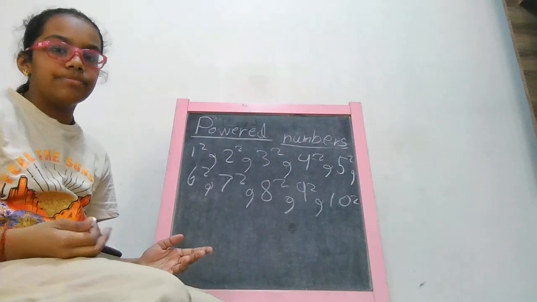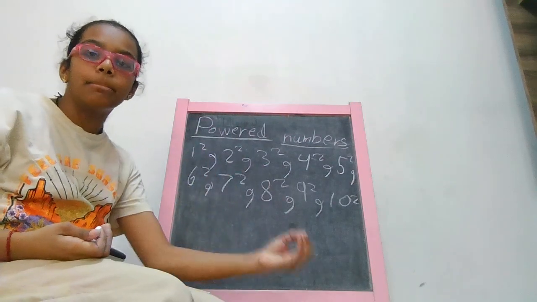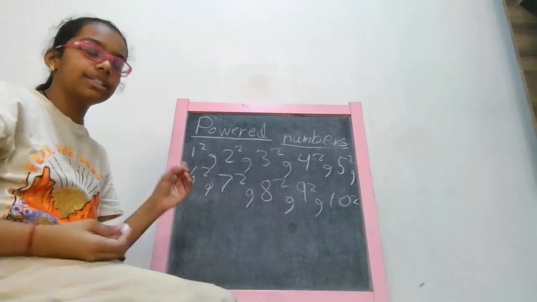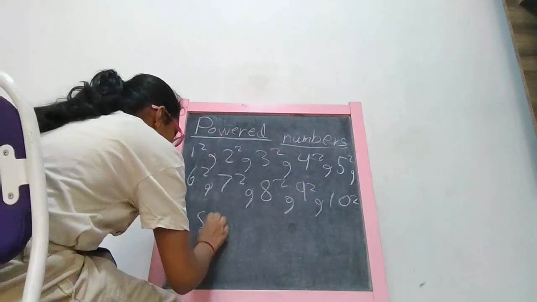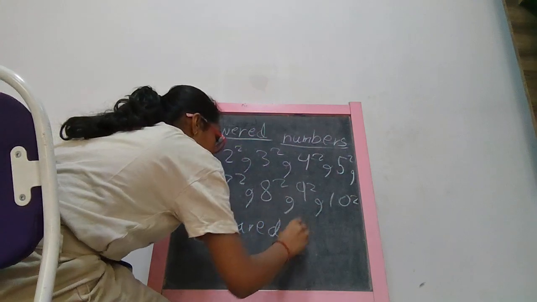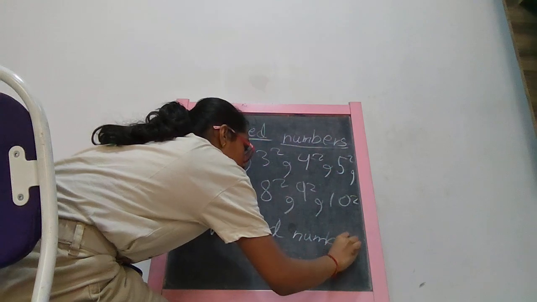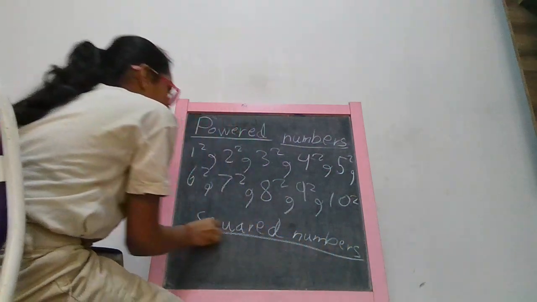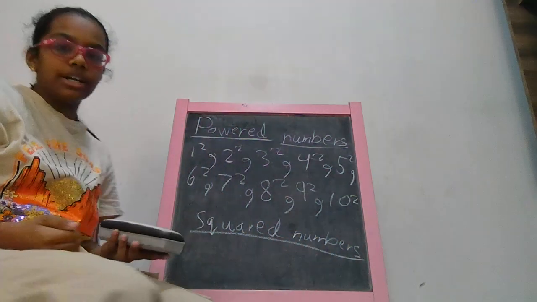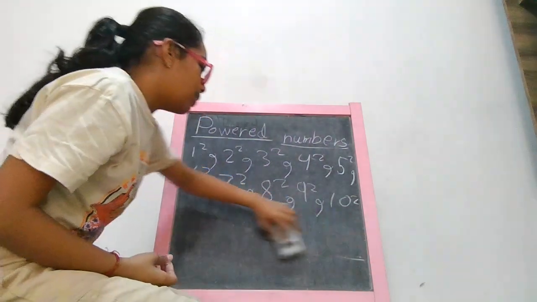This is what you call them. But the answers are what you call squared numbers. S-Q-U-A-R-E-D numbers. Keep that in your mind, okay? Squared numbers.